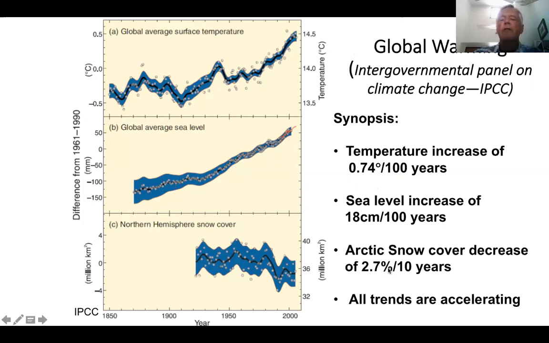And the snow cover decrease has been on the order of about 2.7% per 10 years. All of these trends, from a rigorous statistical perspective, are accelerating. That is, this is becoming more rapid, this is becoming more rapid, and the temperature is growing more rapidly. So these are the points of concern and some of the data that led to the early recognition and the early argument of global warming.